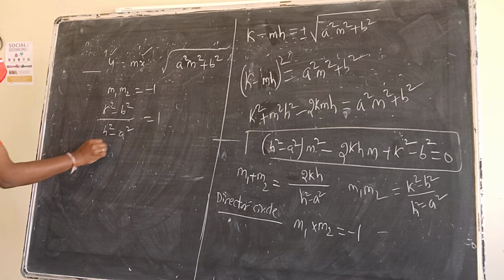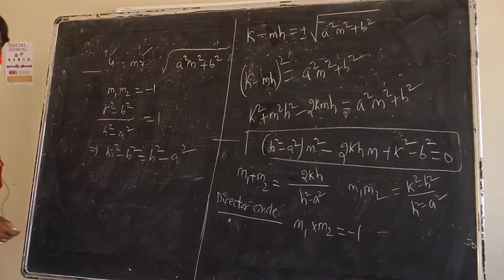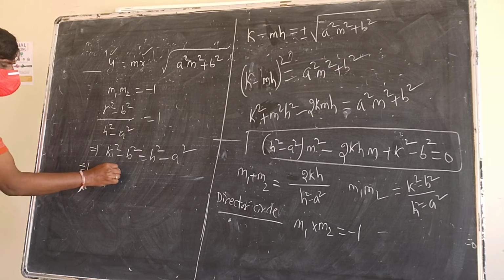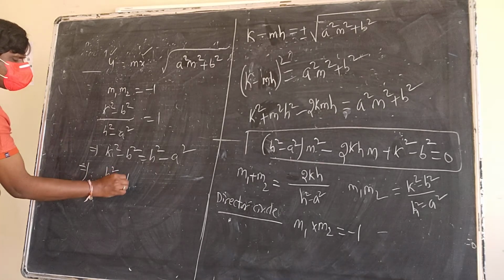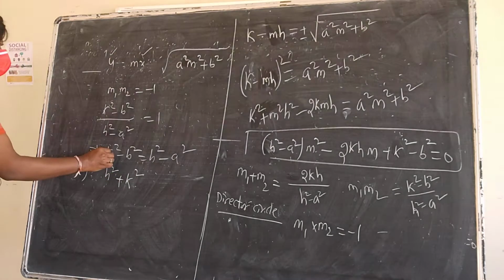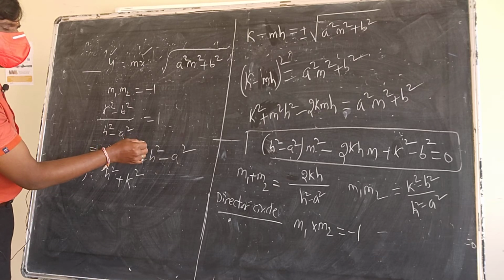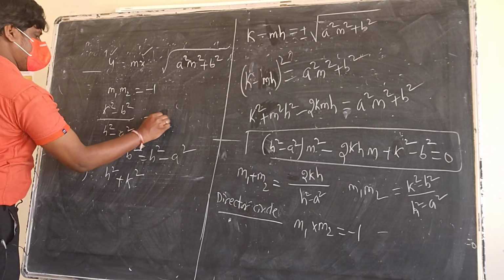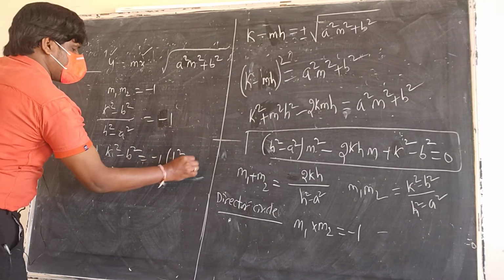If I do cross multiplication, k square minus b square is equal to minus 1 into h square minus a square.